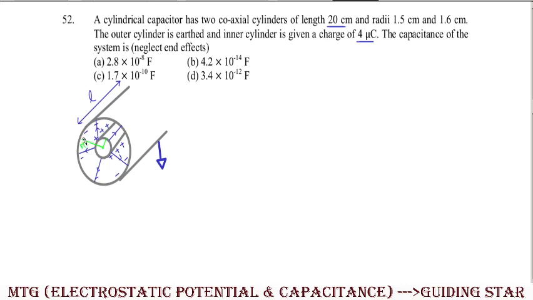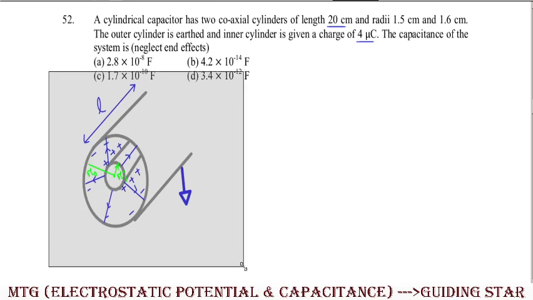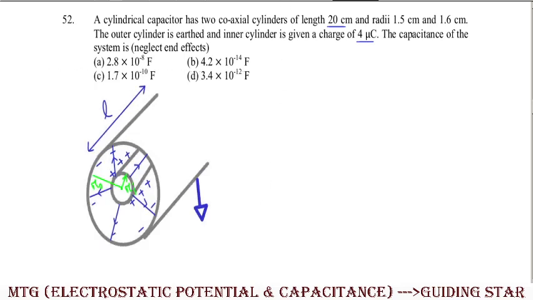So let it be RO, and let this one be RI, the inner radius. Clear? So this is how we are going to represent. So let me magnify the image over here. So the inner radius is RI and the outer radius is RO. Okay, so fine.